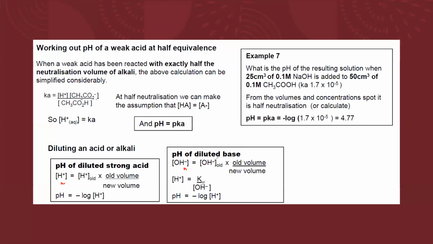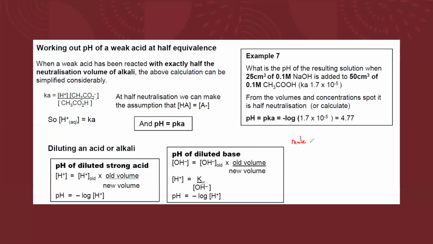So the formula for the new hydrogen ion concentration is the old hydrogen ion concentration multiplied by the old volume divided by the new volume, because the moles will be the same. It's not a new formula. When you dilute a concentrated solution, both solutions will have equal moles, because we are not adding a reactant.